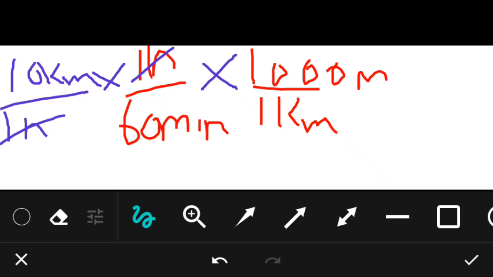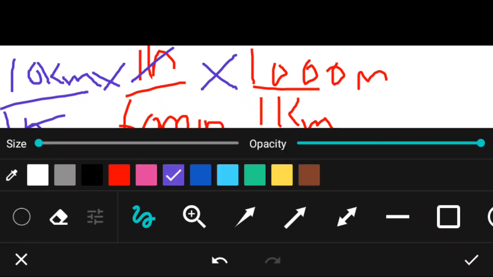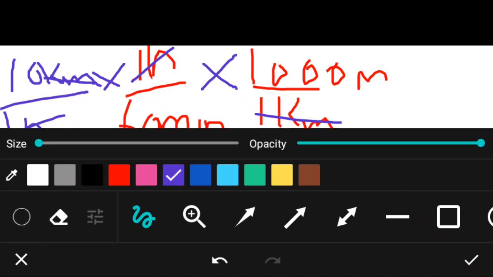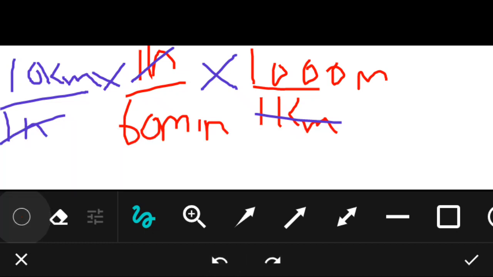Again I've put the unit kilometer down there because I want the units to cancel. Let me use a different color so that you clearly see how the units will cancel. The kilometer and the kilometer there will cross out.